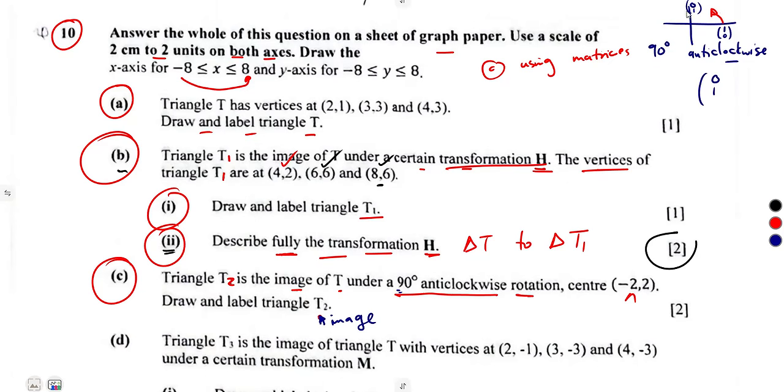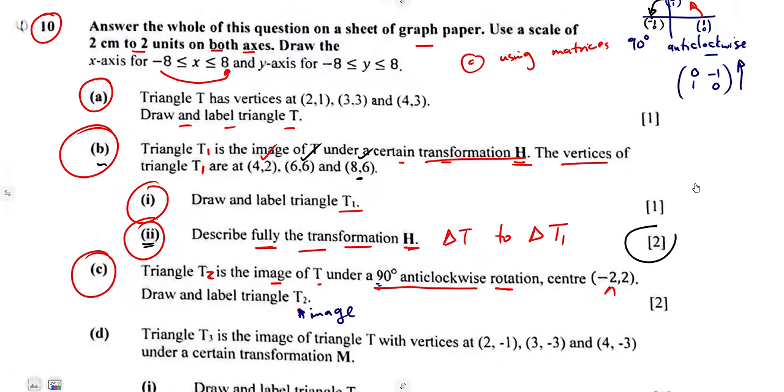Then the point (0, 1) rotating 90 degrees anti-clockwise will end up at (-1, 0). So you write that in matrix form. This is the matrix of a 90-degree anti-clockwise rotation.